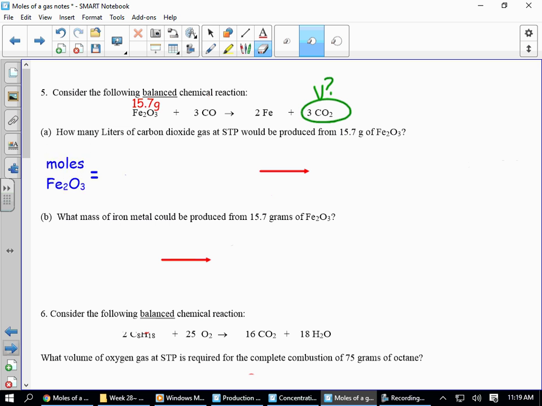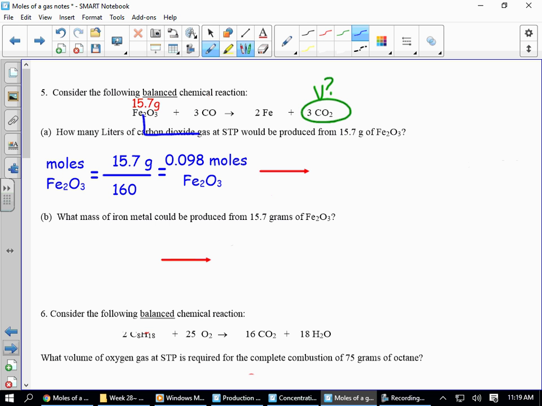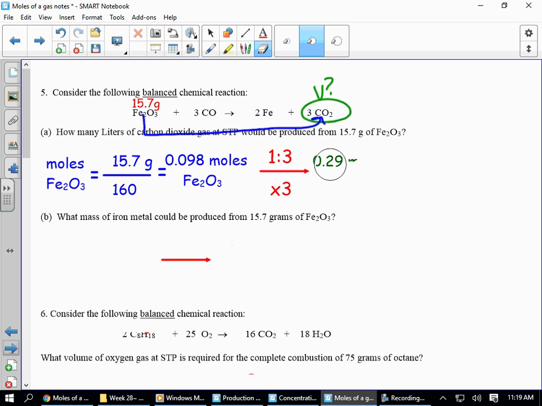So I have Fe2O3. I have a mass, so I divide it by its formula weight, which is 160. When you do that, you get 0.098 moles of Fe2O3. I'm going from here to here, and so that is a 1 to 3 ratio, so I'm going to multiply that by 3. So that's how many moles of CO2.